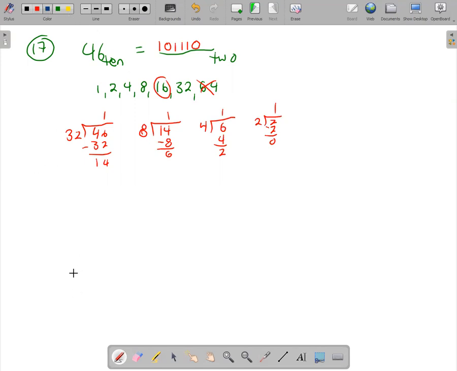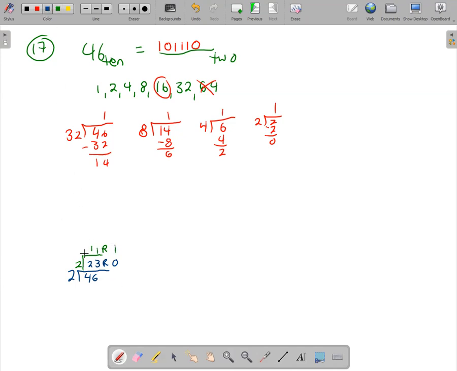The other method I like is to start dividing by 2 right away. So 2 goes into 46. Let's see, 2 goes into 4 twice. 2 goes into 6 3 times. Remainder 0. And then you keep dividing into whatever you have as a quotient. So 2 goes into 23, 11 times, remainder 1.